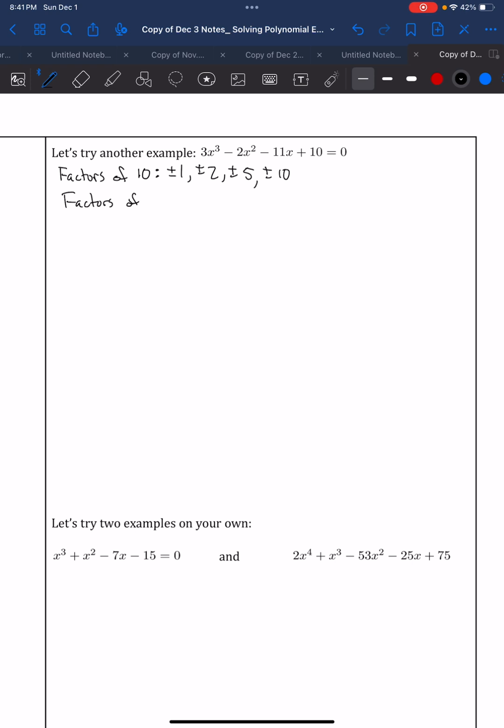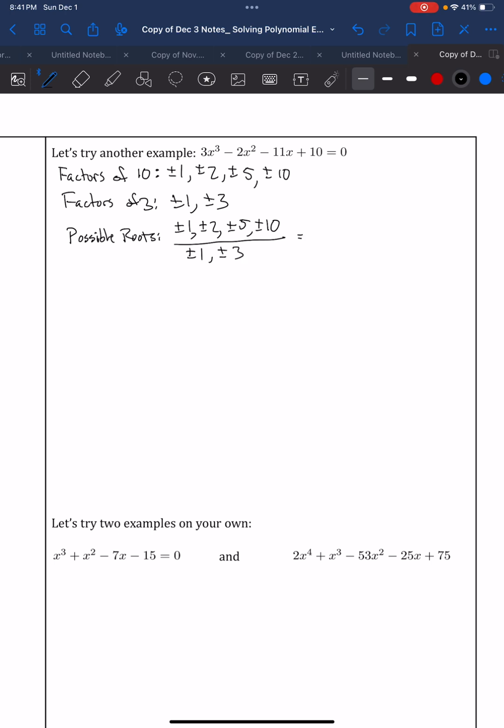And the factors of 3, plus or minus 1, plus or minus 3. So that means our possible roots are plus or minus 1, plus or minus 2, plus or minus 5, plus or minus 10, all over plus or minus 1, plus or minus 3.